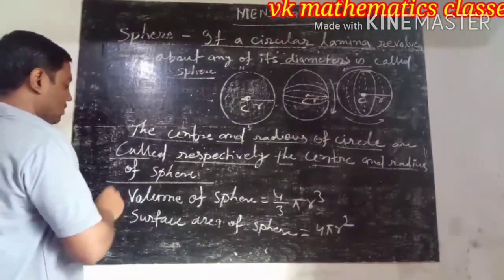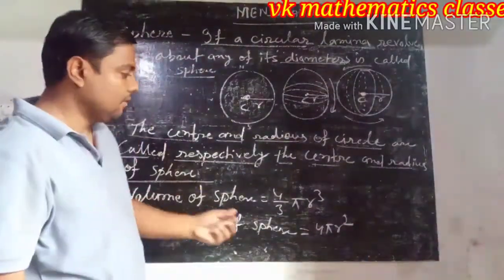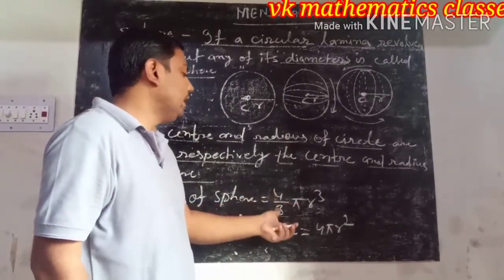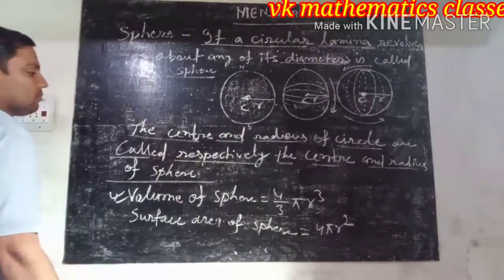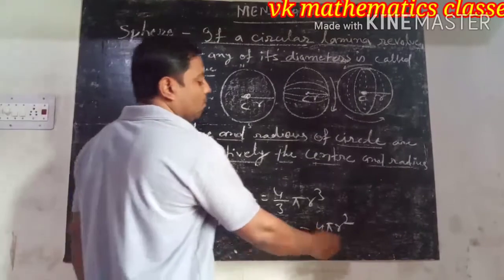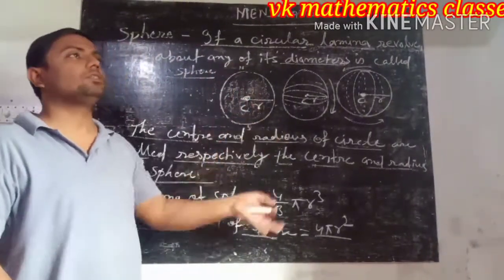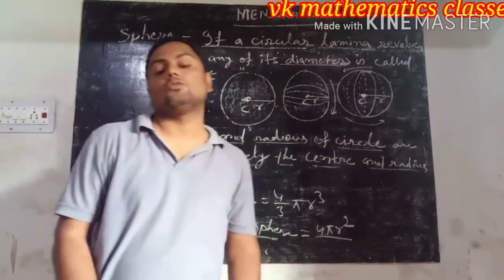Now, the volume of a sphere. By the conclusion, we find that the volume of a sphere is 4/3 pi r cube, and the surface area of a sphere is 4 pi r square. Pi r square is the circular area; if rotated about its diameter, it is 4 pi r square.